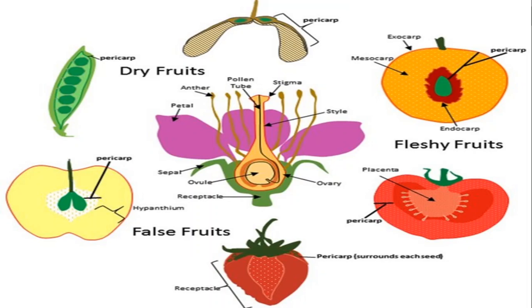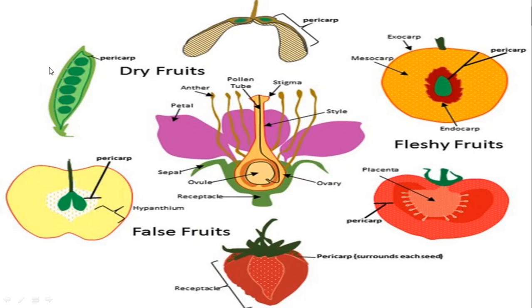Then as I said, the pericarp may be dry, it may be thick, it may be thin, it may be fleshy. So depending upon that, you can see different types of fruits here. So this is ovary, and from this ovary itself the different types of fruits are developed, but how they are different from each other, let us see.